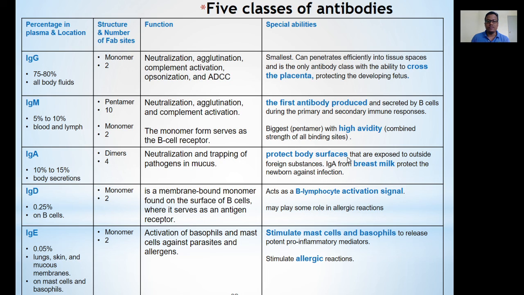IgA protects body surfaces that are exposed to outside foreign substances, such as the mucosal surfaces. IgA in the mother's breast milk can be transferred to the baby, and this can protect the baby against infections in the early months after child delivery.